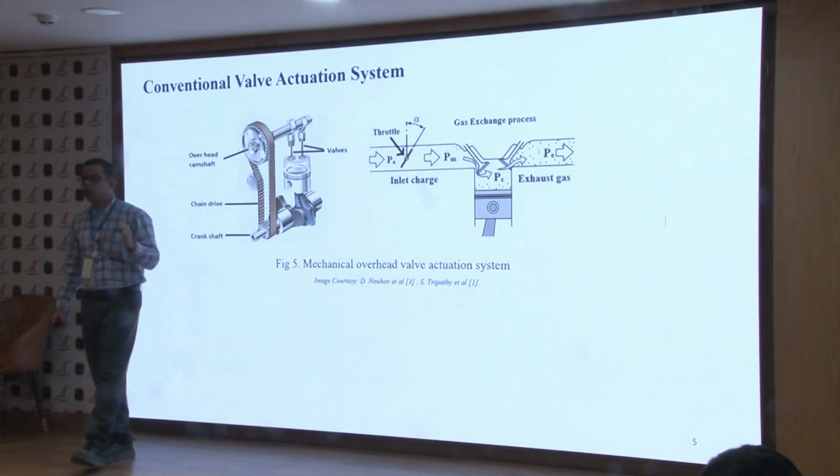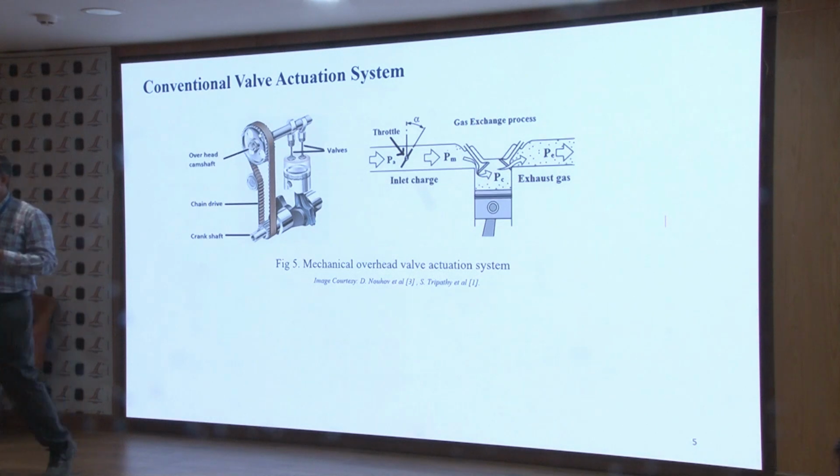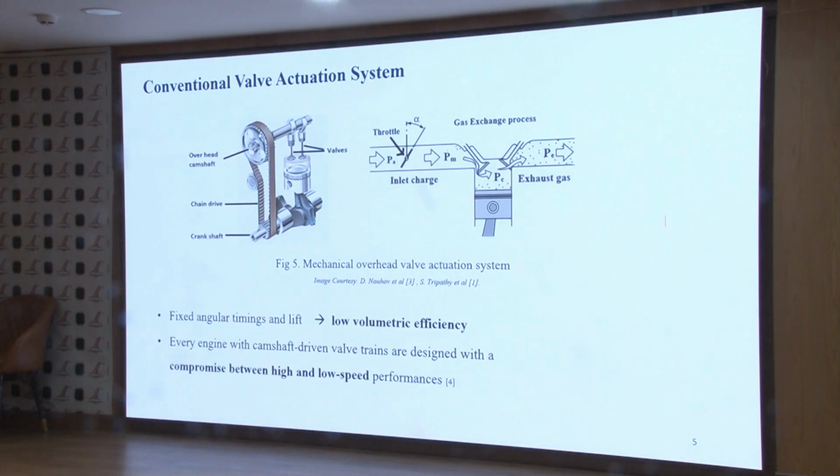So the question is whether the valve events, the opening, closing, lift or duration, are independent of speed. If yes, then it's very good and this technology is working fine. If not, how can we tweak these constraints that still exist, and get more power output?